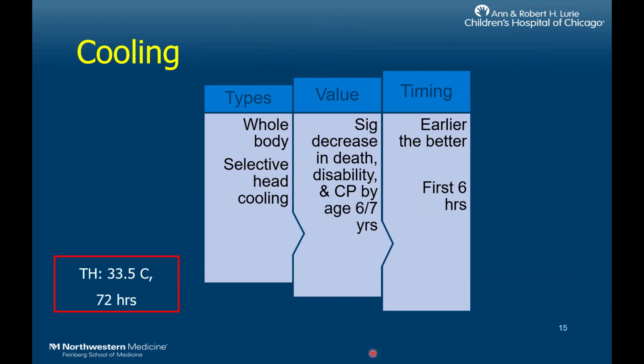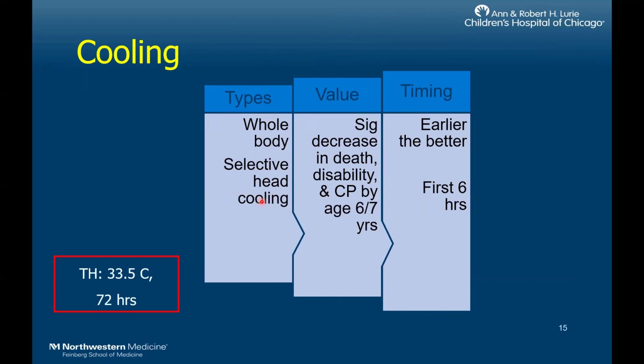And they are rewarmed slowly to prevent any complications such as hypotension. Since both techniques are equally effective, the majority of clinical preference is to use whole body, as there is greater ease of use, and it is also more cost effective than the head cooling.